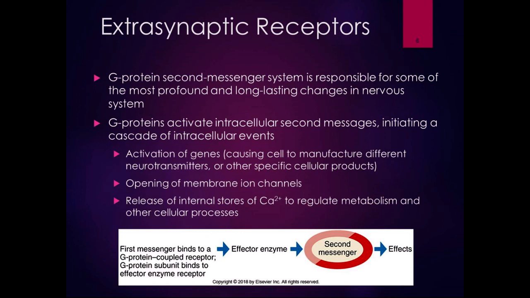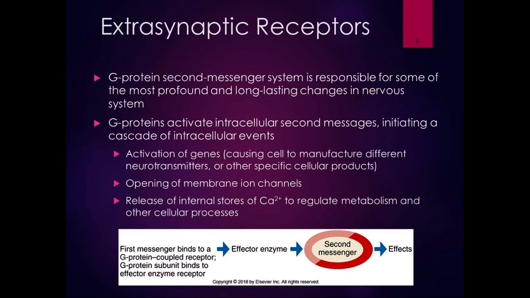There's a lot of detail about how those work, but in terms of activation of genes, when we talk about neuroplasticity in Chapter 7, part of learning is either unmasking silent synapses, ones that previously hadn't been used, or changing the chemical profile of a neuron to make it do something different.